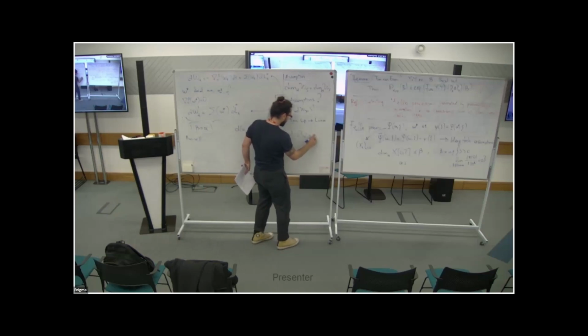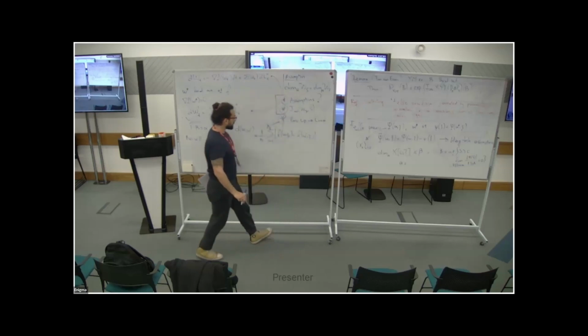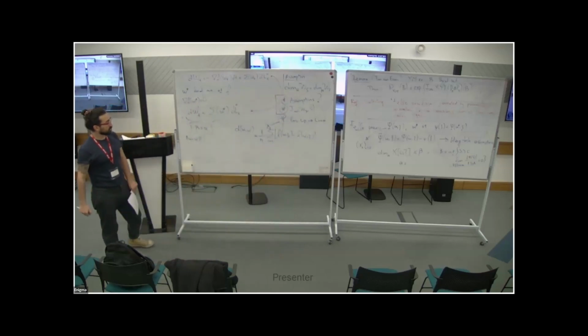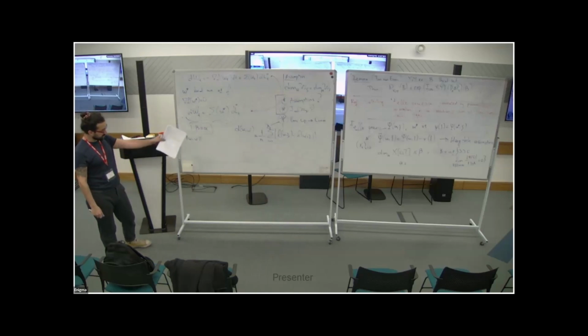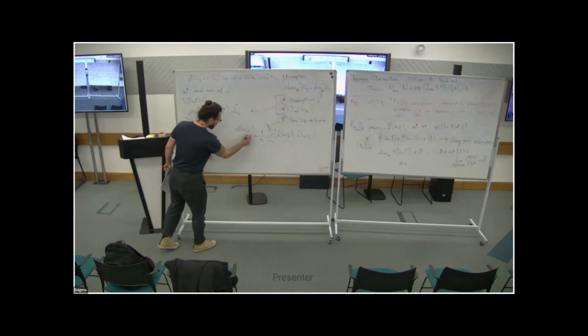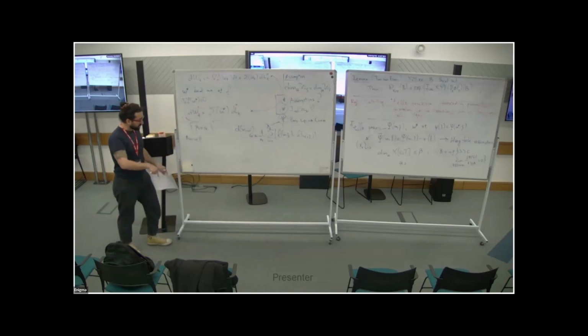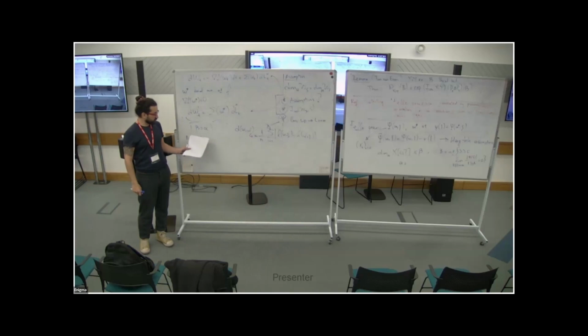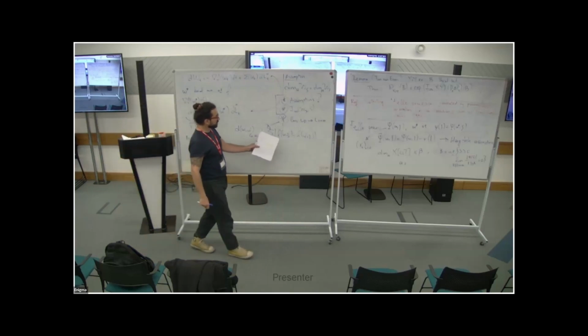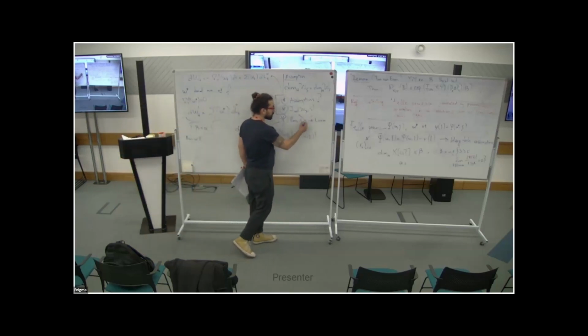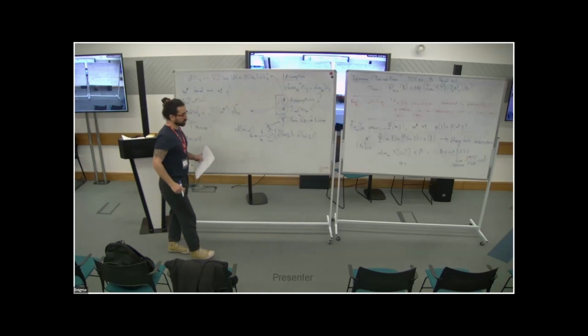Given a training set, these two points W and W prime are close to each other if they give the same loss on every data point. Then I can cover the space using this metric instead of the Euclidean one, and this approach eliminates the requirement of the Lipschitz loss.